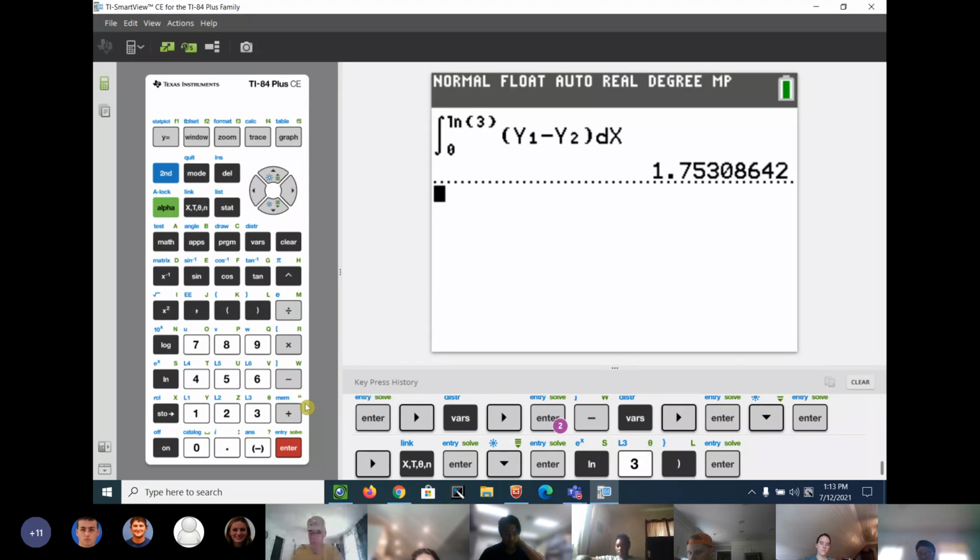I think I know where it is because I did this problem. Well, what's 3 to the 4th? 3 to the 4th is 81, is it not? It is. Okay, then I got something wrong somewhere.